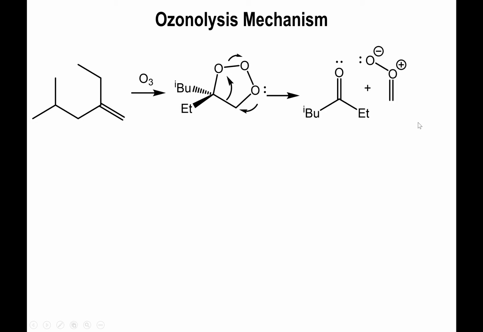And so you generate two fragments in this particular step, which is not necessarily a super great situation. On the one hand, yes, you do have your carbonyl oxygen, but you're also forming this oxonium and oxide counterpart that doesn't look all that stable.